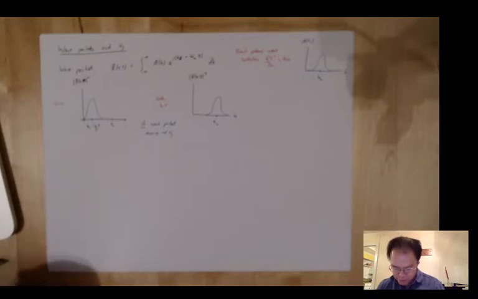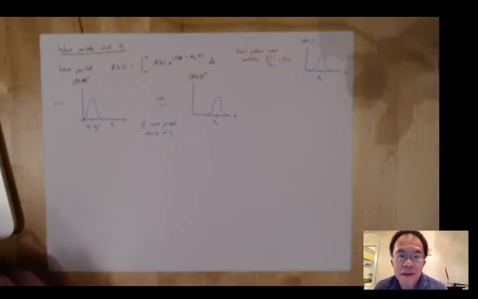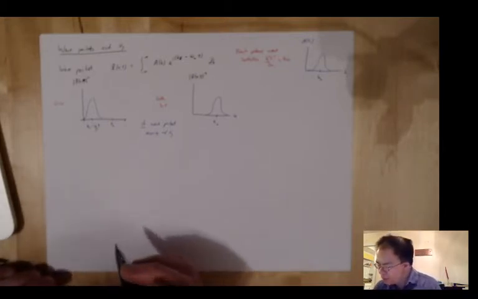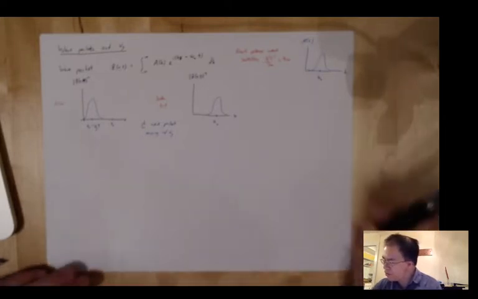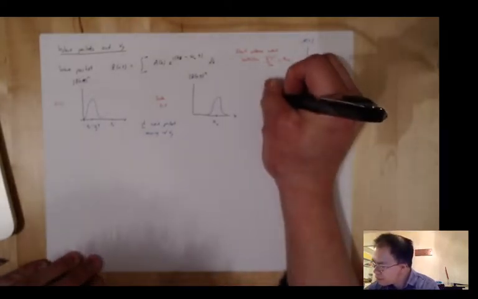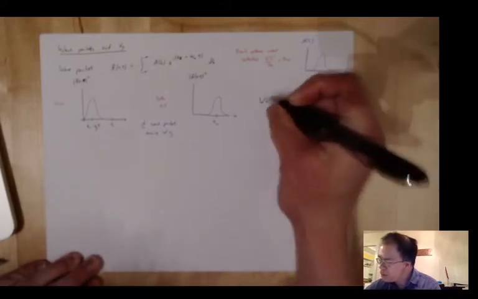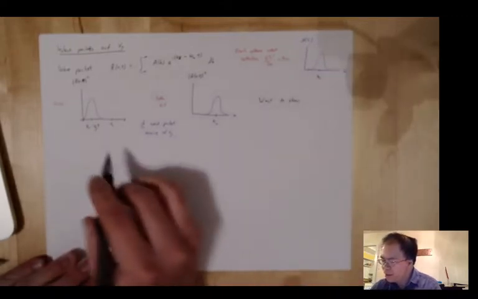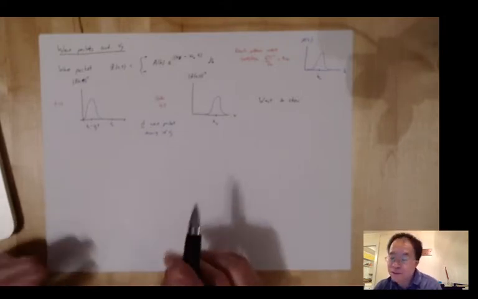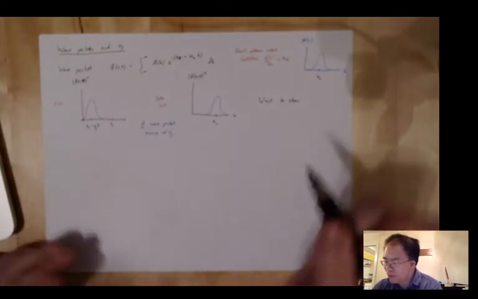So anyway, let me just carry on here. What we want to show is the following: that the same thing holds for all values of x, not just the special point x naught.